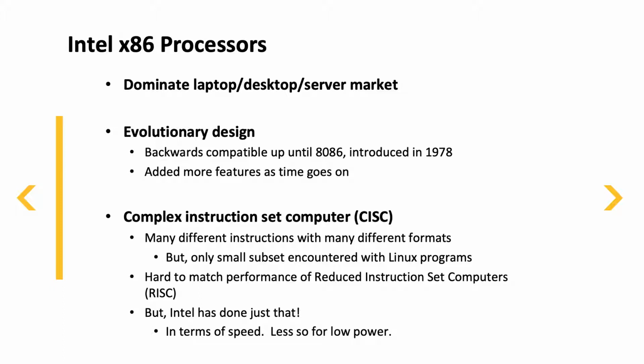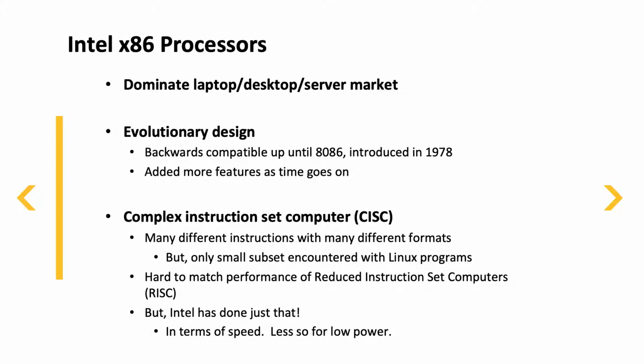Now, this is a complex instruction set computer, or CISC, system, as opposed to a reduced instruction set computer, or RISC system. So you've got many different instructions, many different formats, but you're only going to worry about a small subset of these when we deal with Linux programs. As we're coding in C, we don't have to worry necessarily about what this entire instruction set looks like.